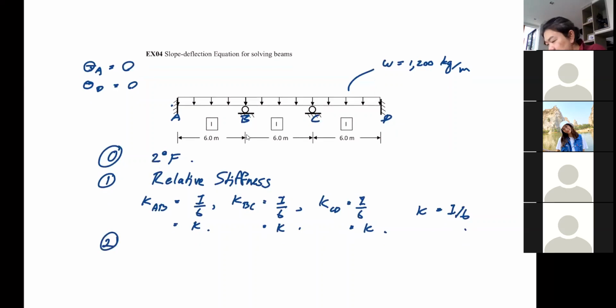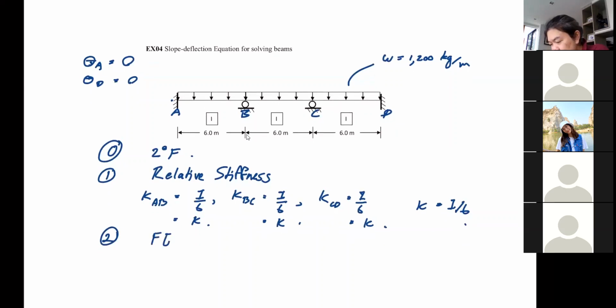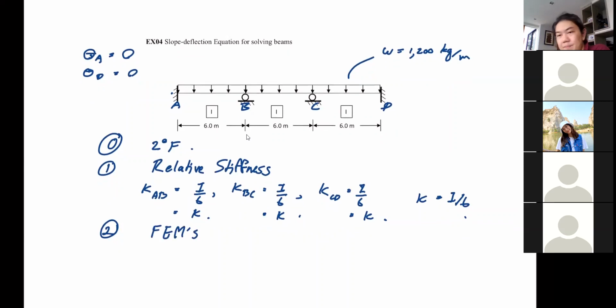So step number 2 now is the calculation of the fixed end moment. The fixed end moment is the moment caused by the external load, right? So its direction is always trying to counter the load. I have said before that in the universal way of doing slope deflection, it doesn't mean that you have to do it, but most engineers in the world would use it like this: we take rotation as clockwise positive.